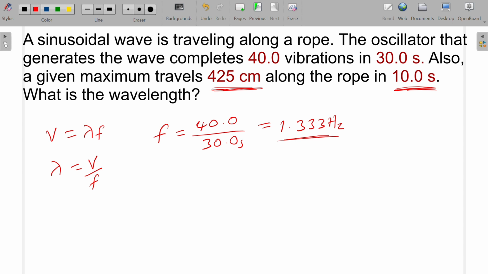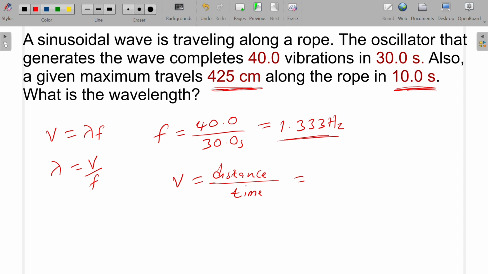So speed can be found by dividing the distance traveled by time. This is a common formula: speed is distance over time. The distance we have here is 425 centimeters.